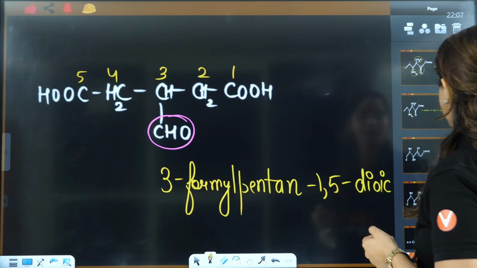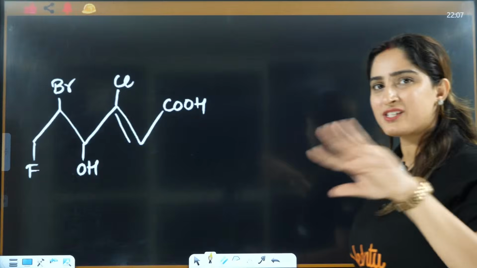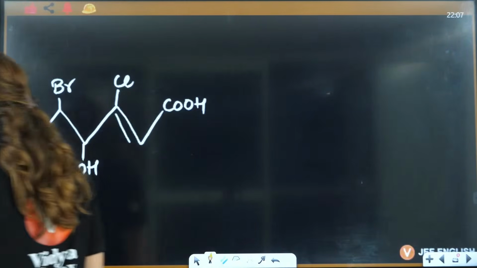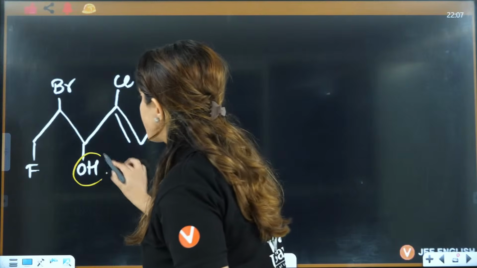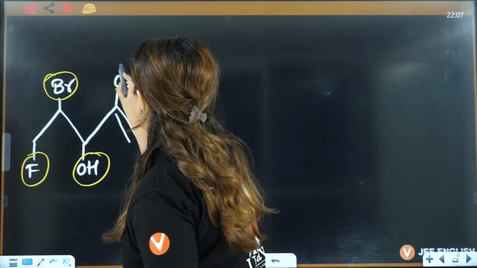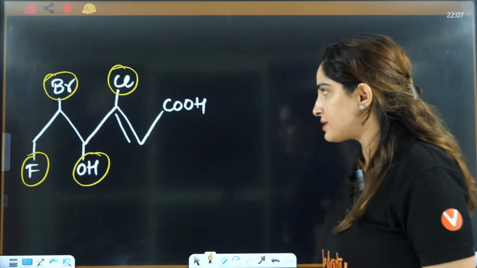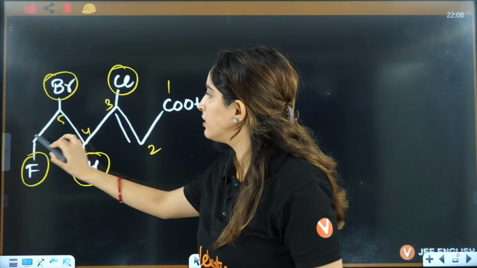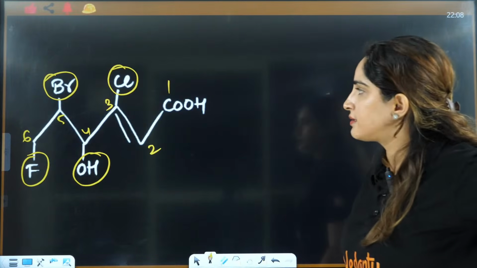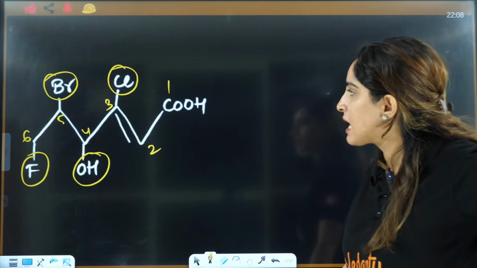Okay, now let's do this one. 3 more questions and the class will be over. This one will be having 1, 2, 3, 4. These 4 are the substituents. This is going to be your numbering.